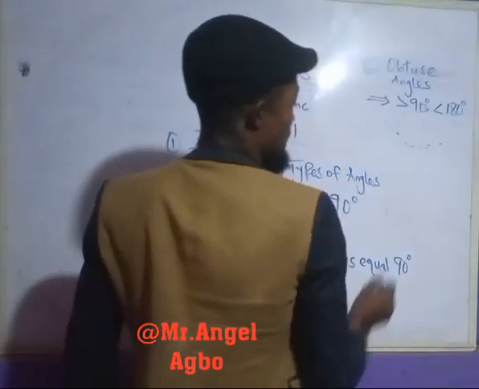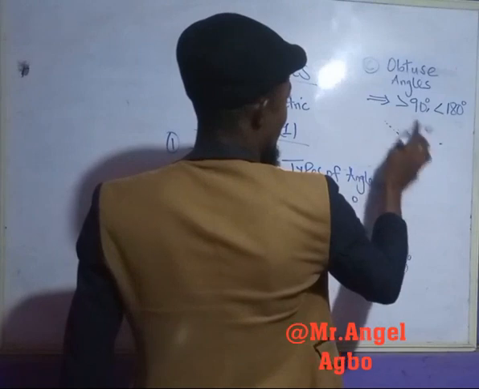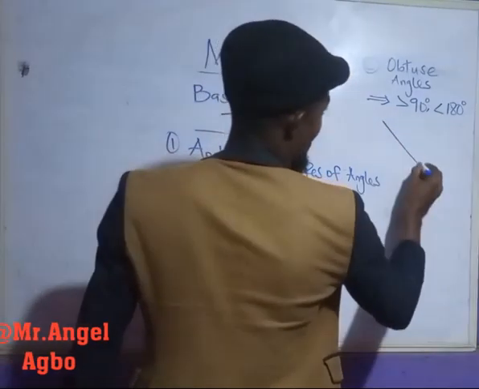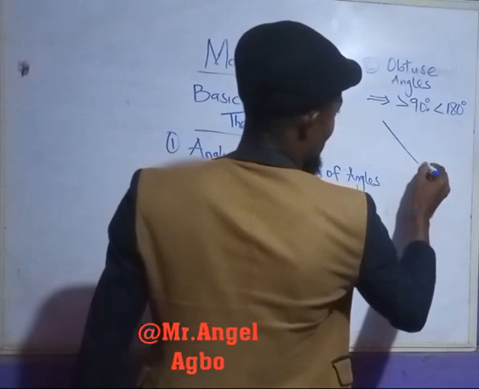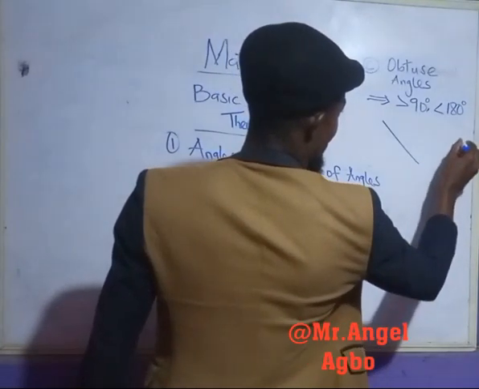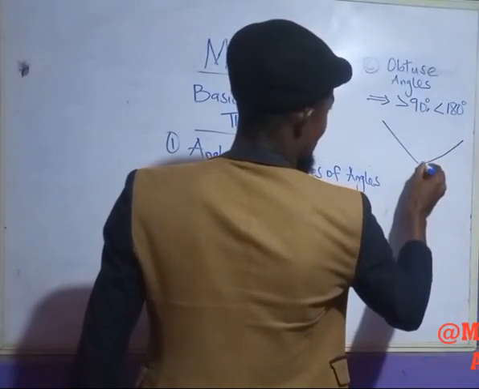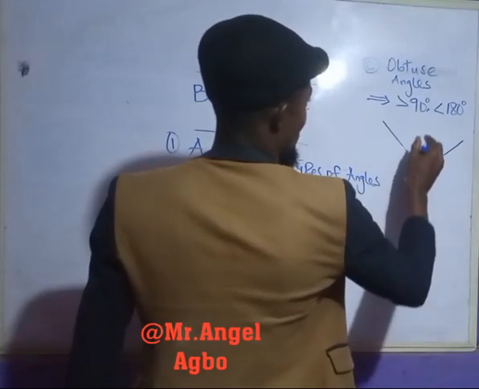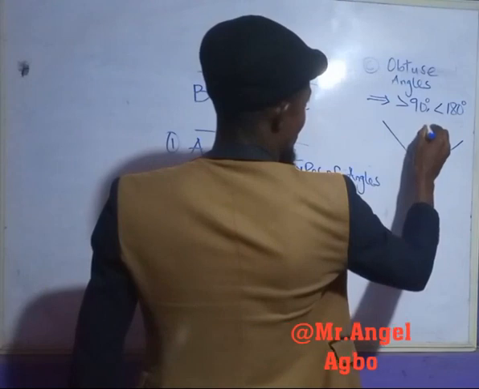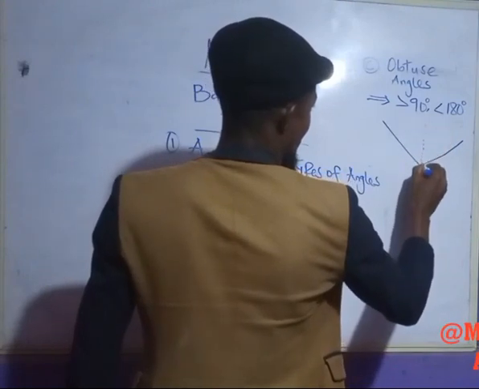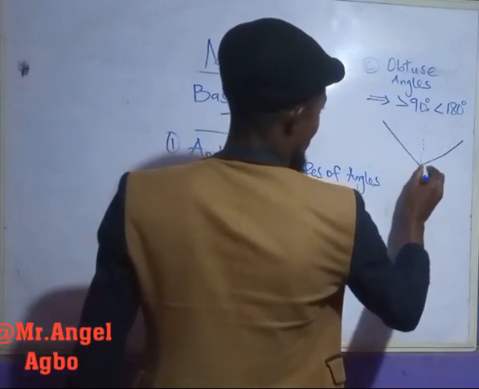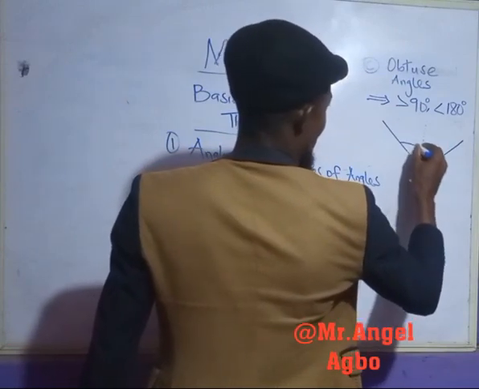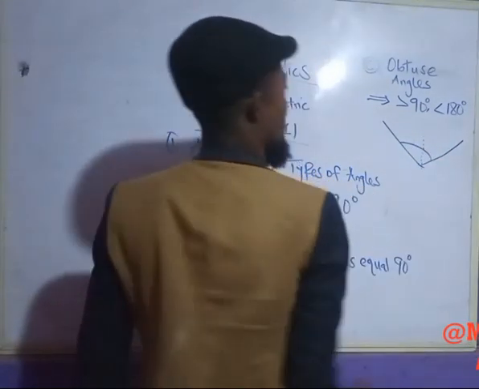So we can have something like this, and our right angle could be somewhere here, and our obtuse angle is like this.